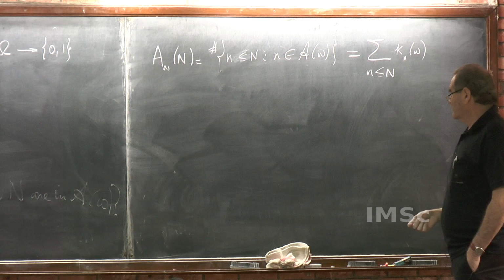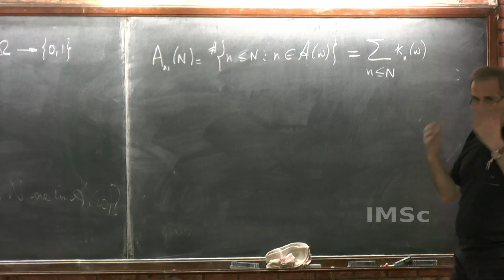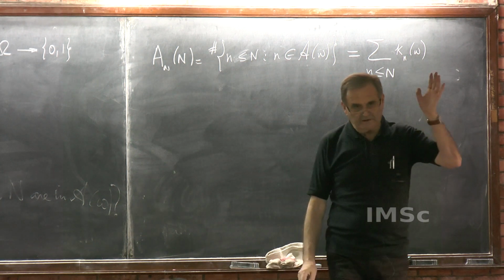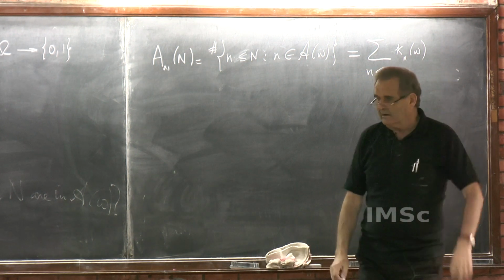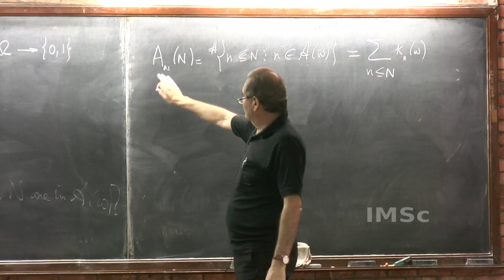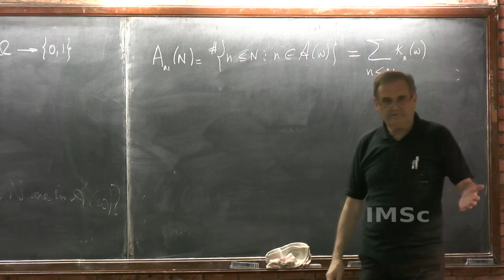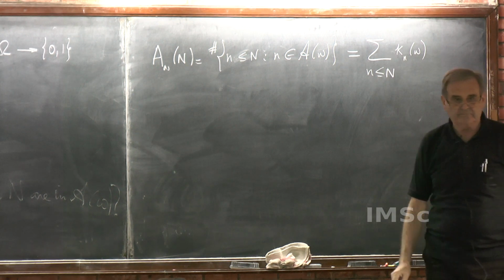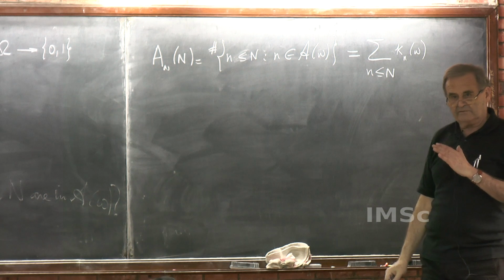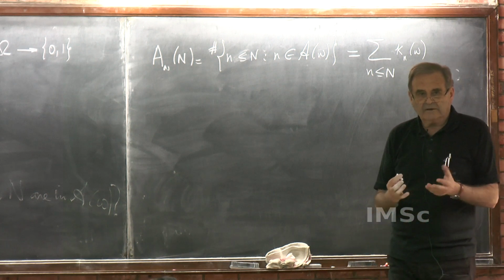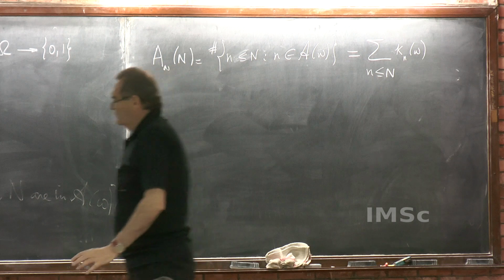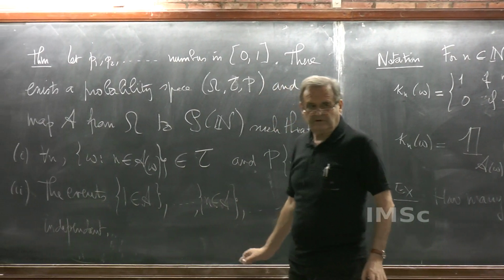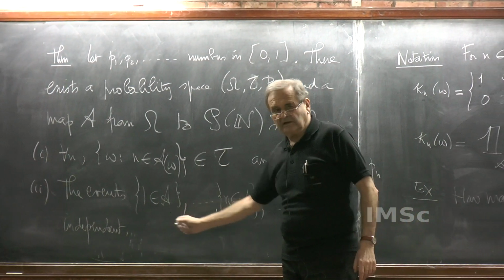So if you forget about the omega, more or less we are going to say, okay, I have a random set, I will call it A. I don't make reference to omega. I have a random set, and I know how many terms I have up to N. Well, the number of terms I have up to N will be the sum of the random variables kn. So you have a sum of random variables, and you have at least something you can start to work on because you have assumed that those random variables are independent. This is exactly what is said here.